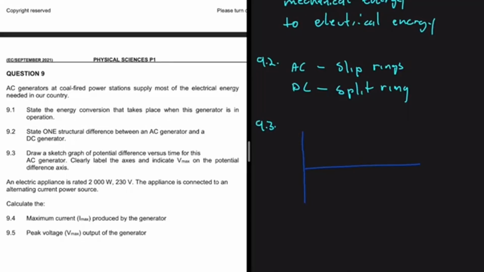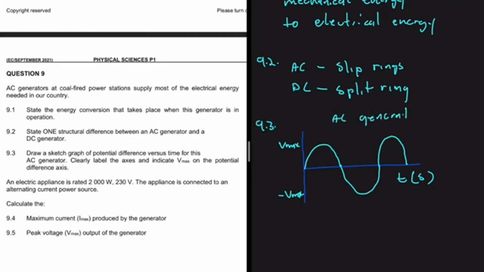So if you want to plot a potential versus time graph, then after this half cycle, you have to change the direction. So we go down, and then after this half cycle, we change direction again, and so on and so on. That's what we essentially mean when we say a generator is alternating the current. And then on the y-axis, we will have Vmax, and here we'll have minus Vmax. So this is for an AC generator.